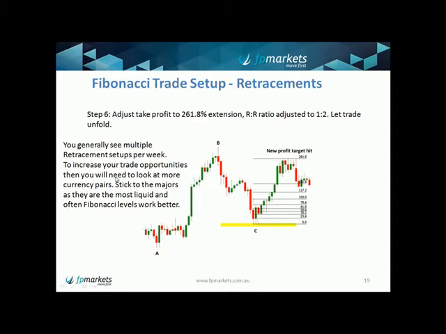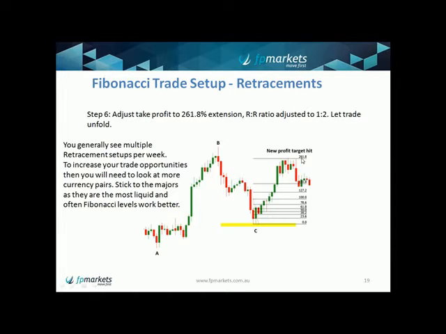Generally, you'll see multiple retracement setups during the week on multiple currency pairs. So this is something you can really look for. If you only need a few of these per week on various currency pairs, that could give you 4 or 5 trades. You might have 1 or 2 losing ones, and 1 or 2 that go right up to the 261.8.